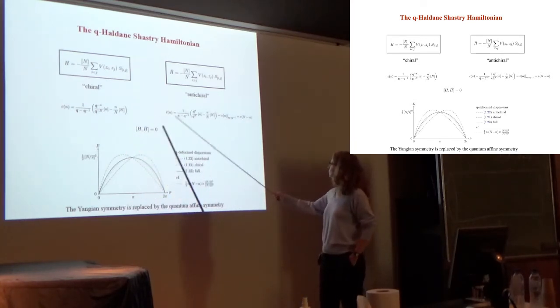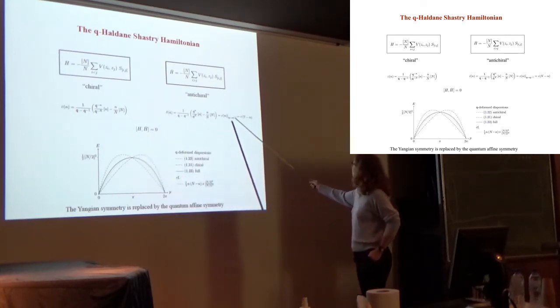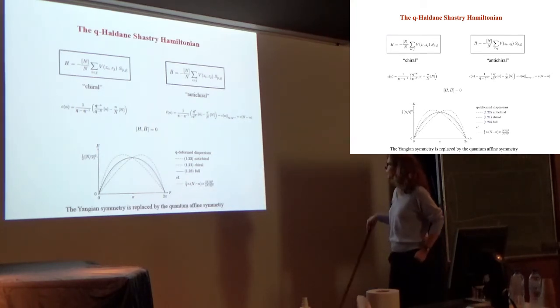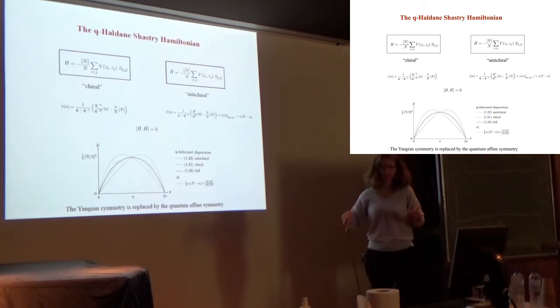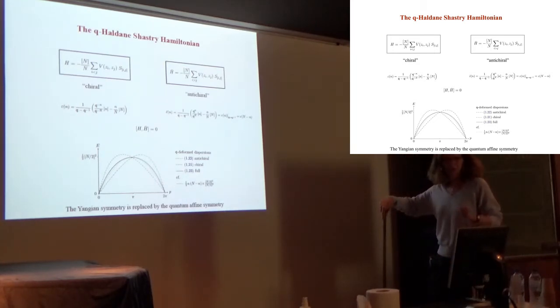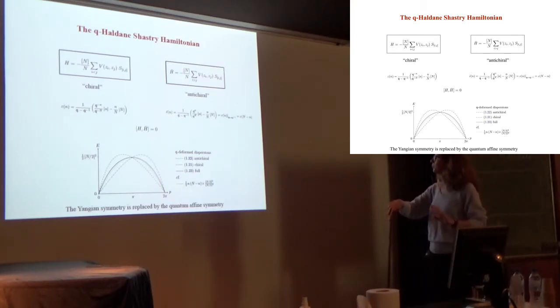So if you go from chiral to anti-chiral Hamiltonian, you just have to change Q to Q minus 1, or small n to capital N minus small n. So there is a kind of invariance when you change simultaneously parity and Q to Q minus 1.